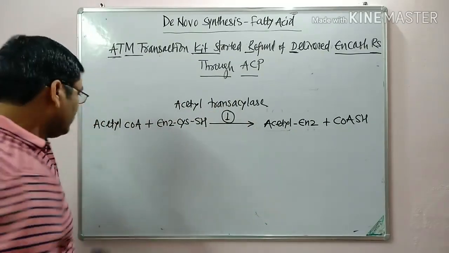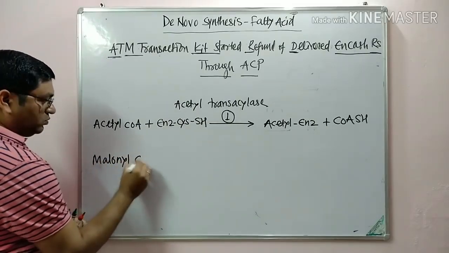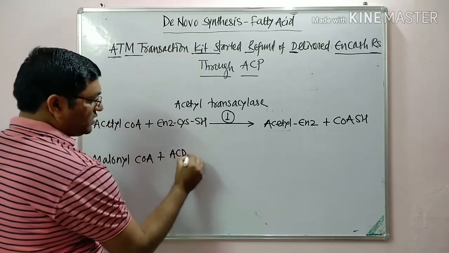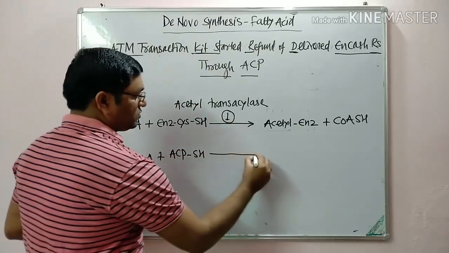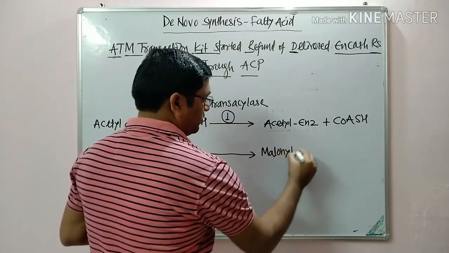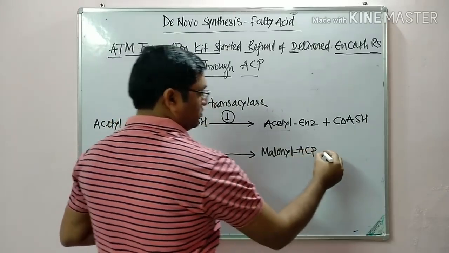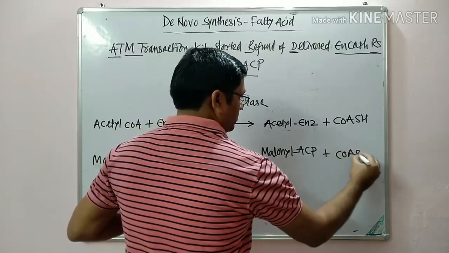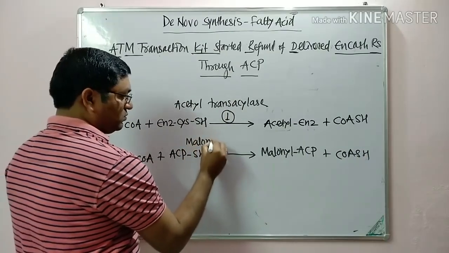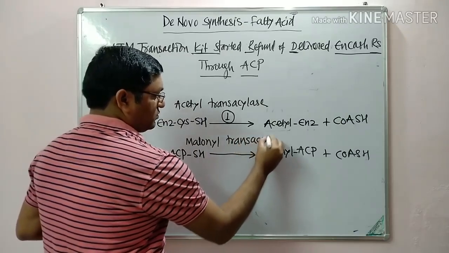In the second step, malonyl coenzyme A reacts with ACP and gives malonyl ACP. That is through the malonyl transacylase.